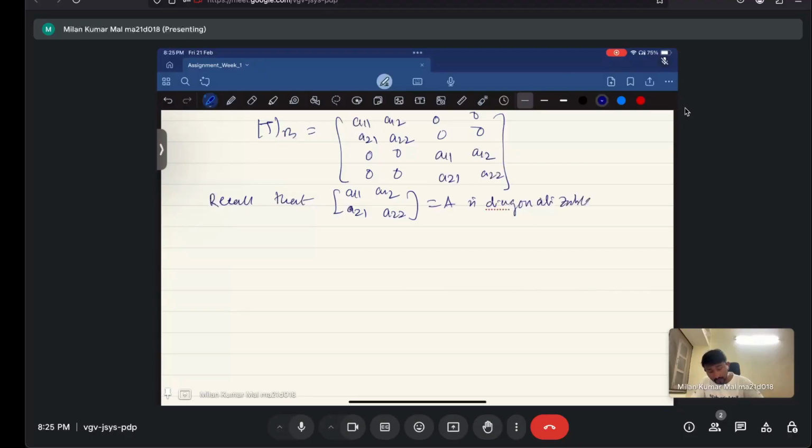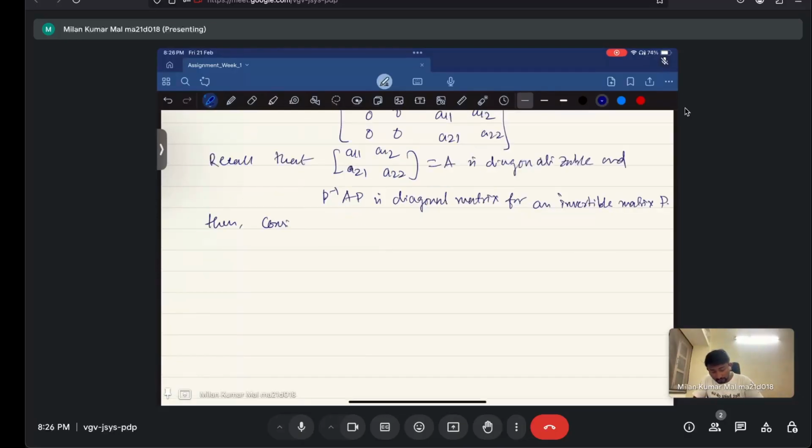And P inverse AP is a diagonal matrix for an invertible matrix P. Then consider P dash equals P 0 0 P, which is inside M4 of the real numbers R, that is a 4 by 4 matrix.